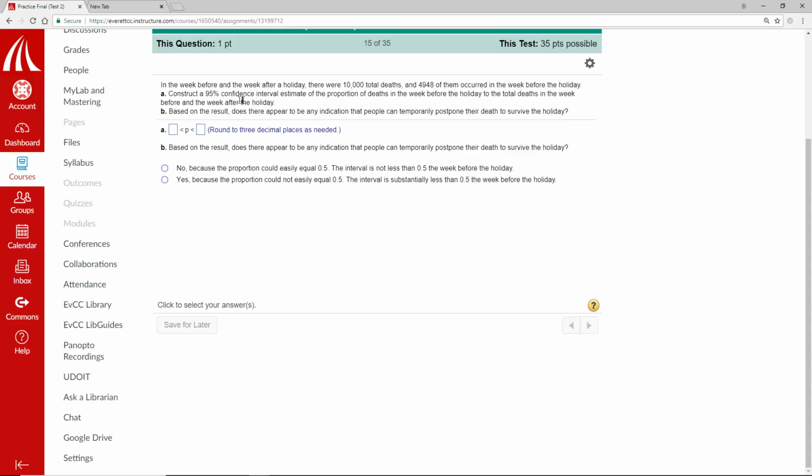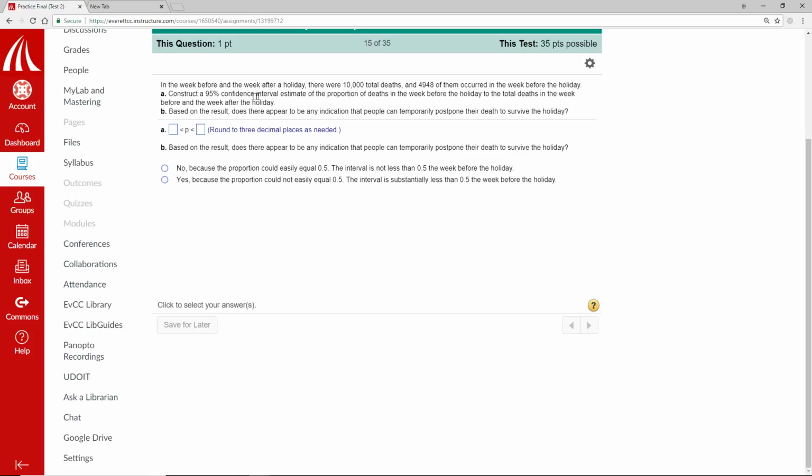Construct a 95% confidence interval to estimate the proportion of deaths in the week before the holiday and the total deaths in the week before and after. Based on the result, does there appear to be an indication that people can temporarily postpone their death to survive the holiday? Well, first let's do this.